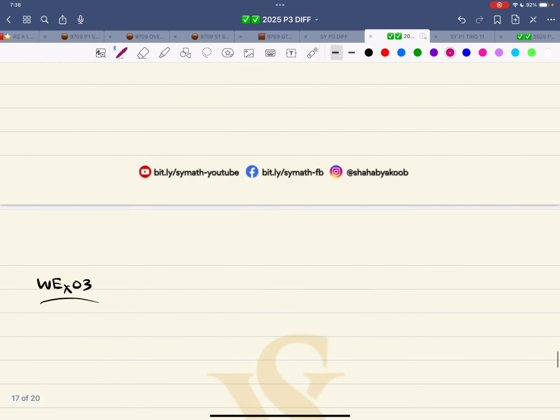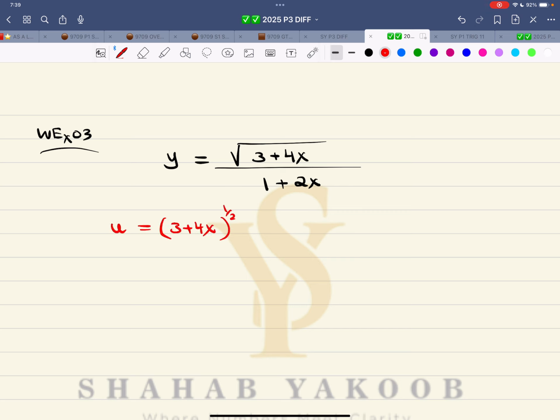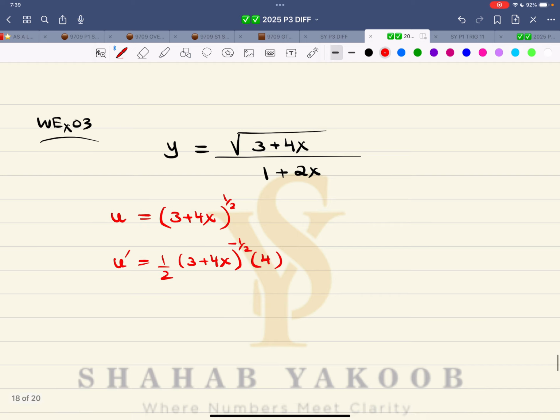case. The third example, that is something involving the square root. So therefore, 3 plus 4x square root divided by 1 plus 2x. So again, u is 3 plus 4x raised to power of half, and u prime is half 3 plus 4x, negative half, derivative of bracket is 4.